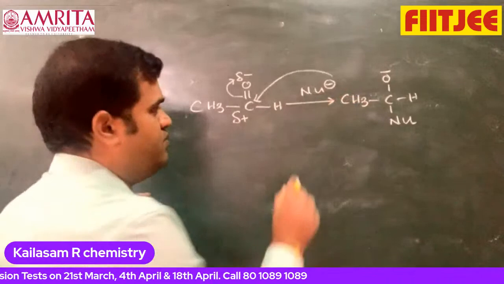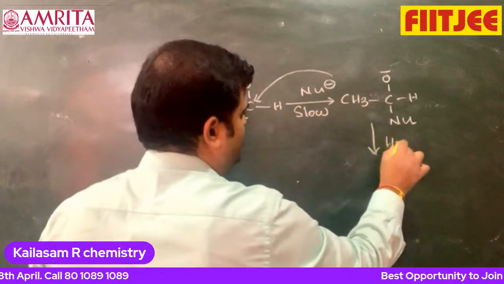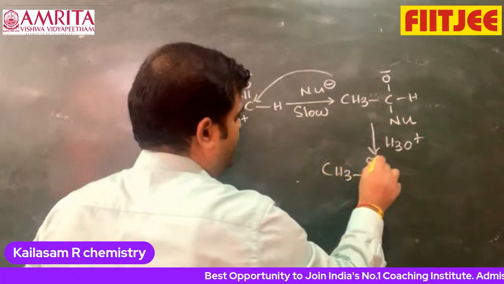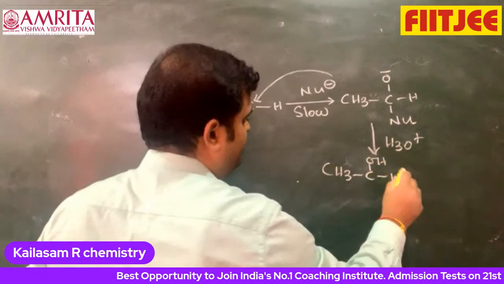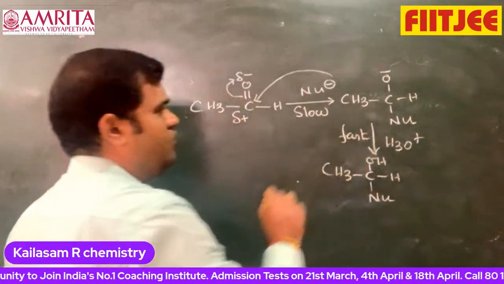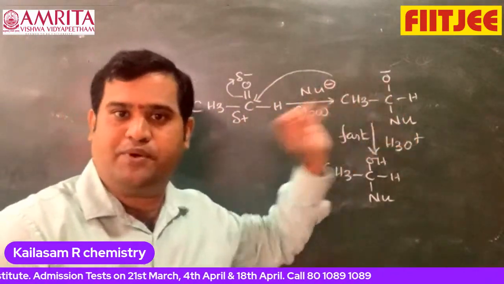Therefore, that is the slow step. Then with H3O plus we get CH3 C OH H Nu, and this is fast. Therefore, the addition of the nucleophile with the change in hybridization is the slow step.